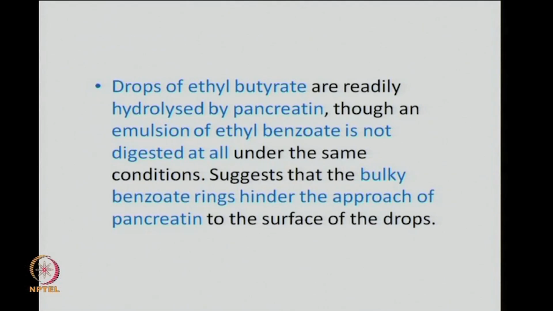However, on very similar lines, if we have an emulsion of ethyl benzoate instead of ethyl butyrate, then we find that there is hardly any reaction. Ethyl benzoate is not digested at all under otherwise same conditions. What would this suggest? This would imply that the bulky benzoate rings would hinder approach of pancreatin to the surface of drops. So, while ethyl butyrate is easily hydrolyzed, ethyl benzoate now suffers from the steric effect.